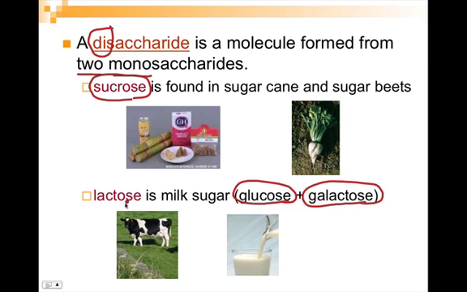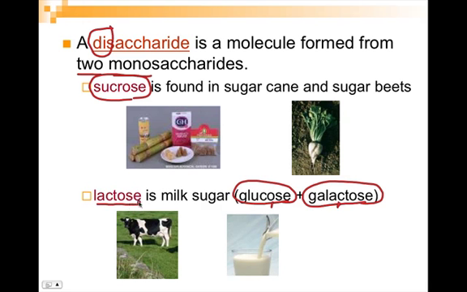What that means is that lactose is a disaccharide, and they can't break it down, because your body can only use sugar in its simplest form. So if it's a disaccharide, it has to be broken down into a glucose and a galactose. People who are lactose intolerant cannot break down the lactose sugar.